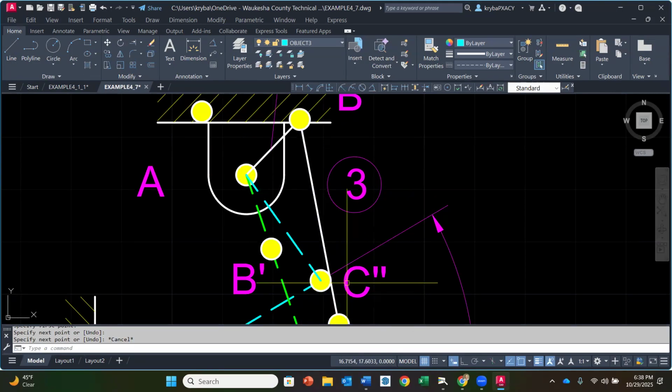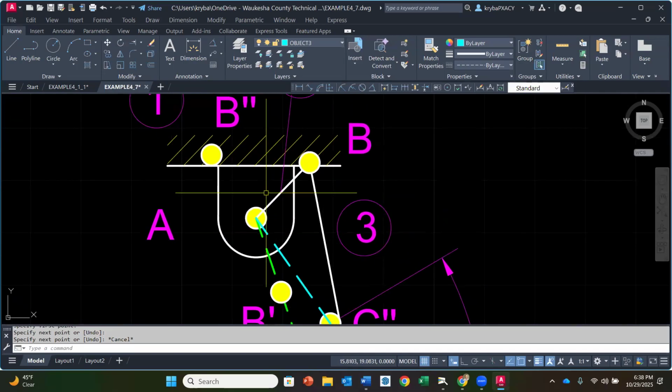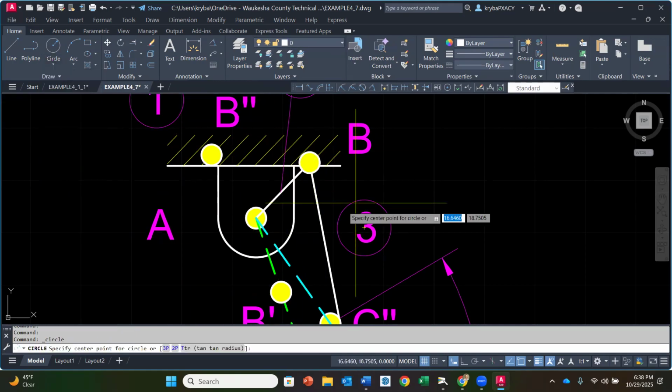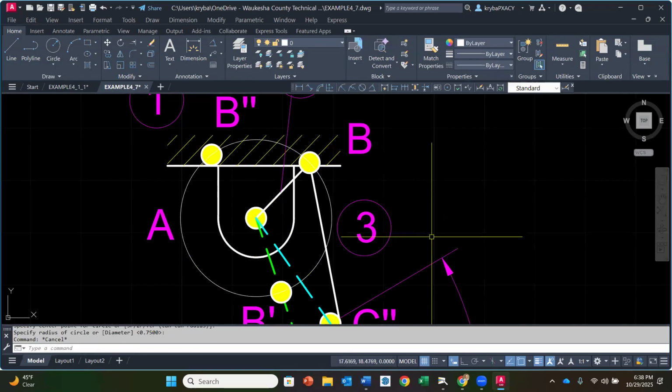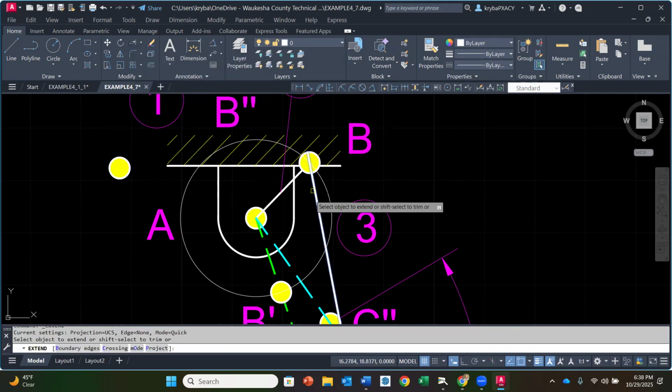So from C prime prime to the center of A. Then I'm going to make sure that I have my radius for the radius of our crank. That's that 0.75. So I had it in there. I just had gotten rid of it. So that's here. And then what you're going to do, I'm going to move my pin. Then you're just going to hit the extend, which is underneath the trim. And you're going to hit that line once.